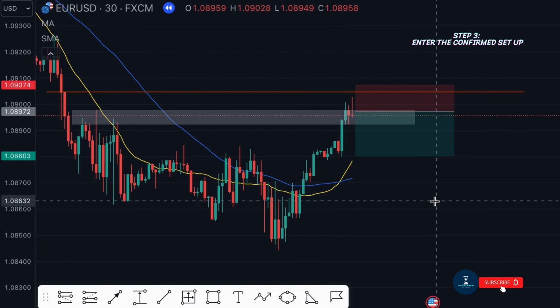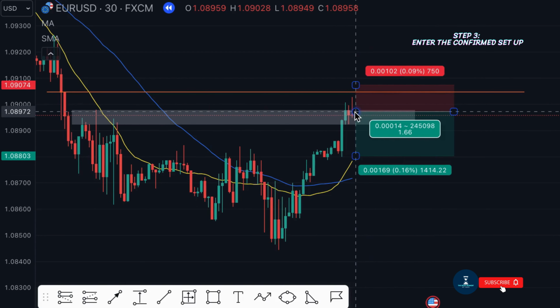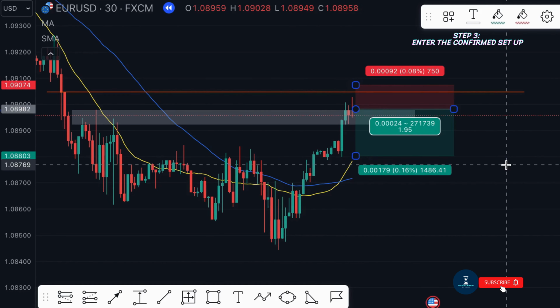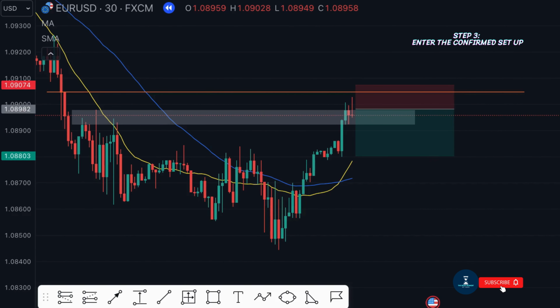Yeah. And the entry is cut on these 3 candles. It can be a winning trade, it can be a losing trade.